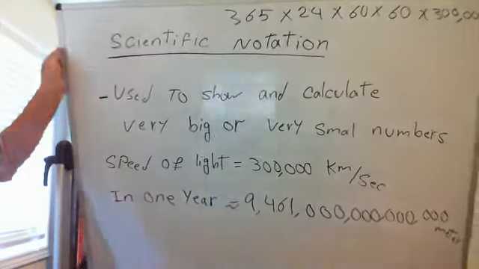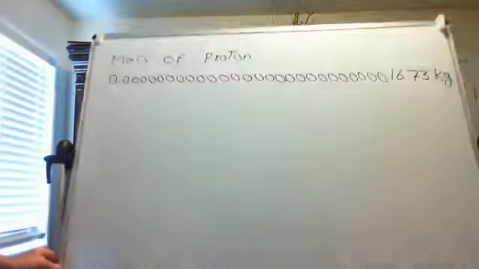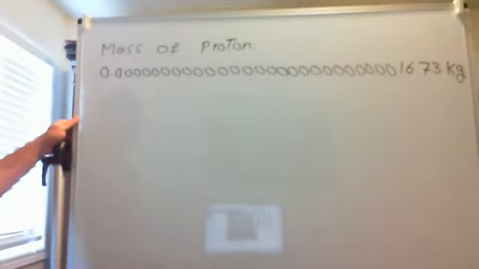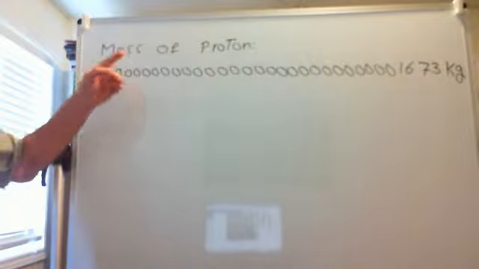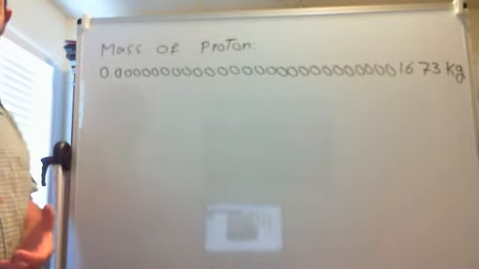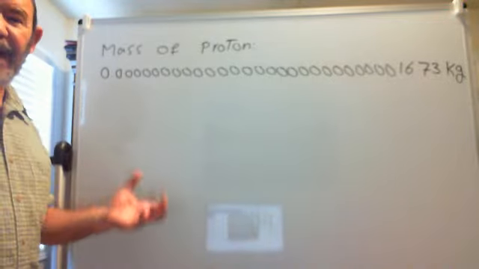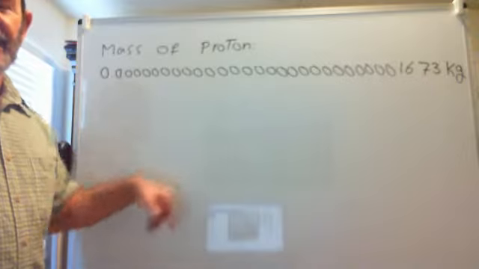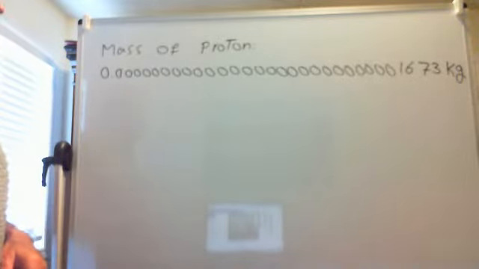Or if we want to calculate the mass of one proton, if you studied chemistry, we have atoms. In each atom we have protons and the electrons that are rotating around the protons.